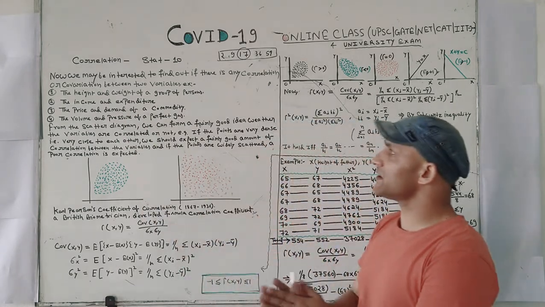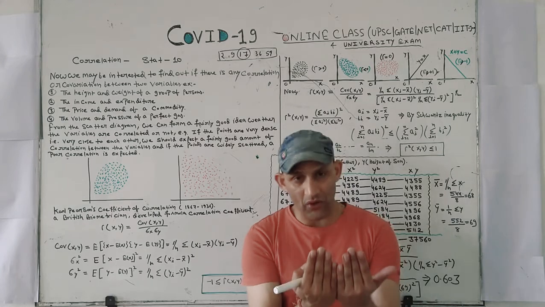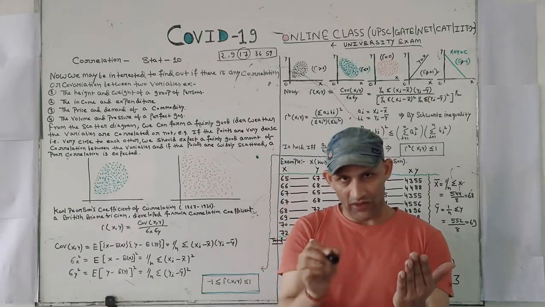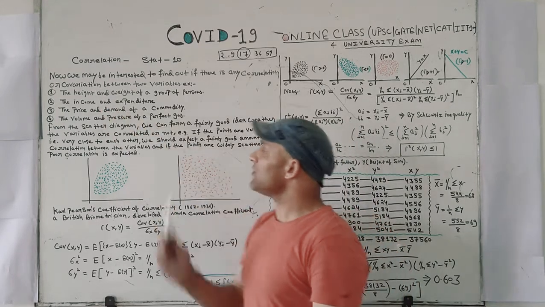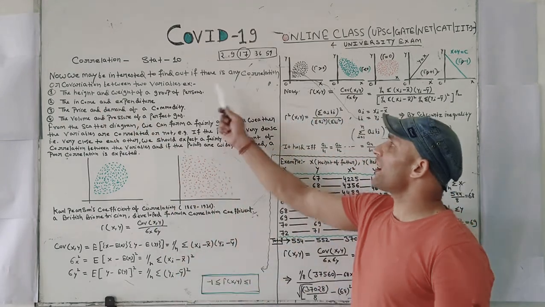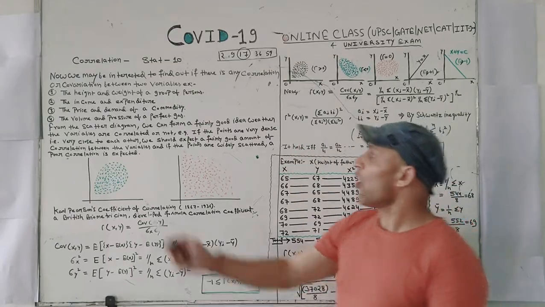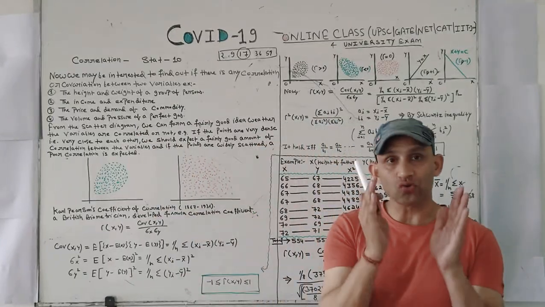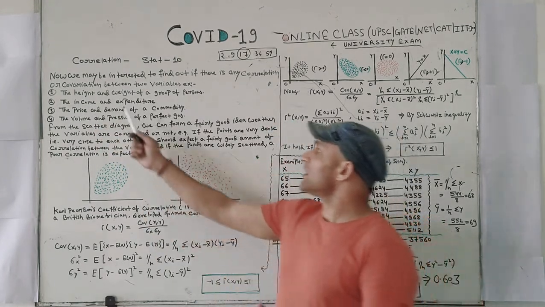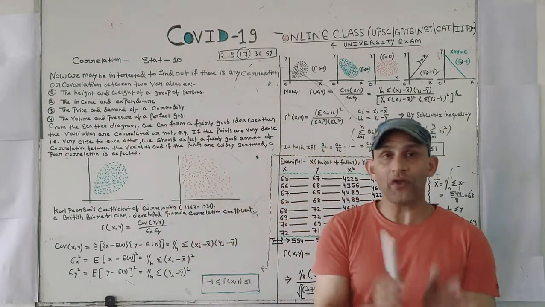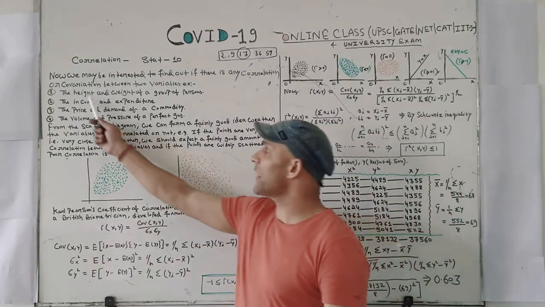So we have written it here. At first my request is that please open one copy and pen, and whatever we are teaching you, you must write. Now we may be interested to find if there is any correlation or covariation between two variables, just like the example of the height and weight of a group of persons.